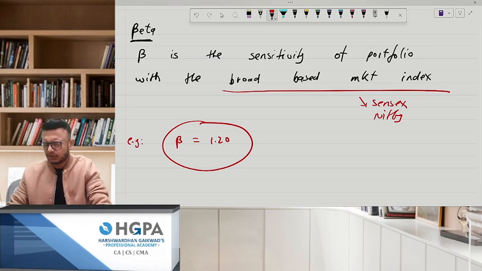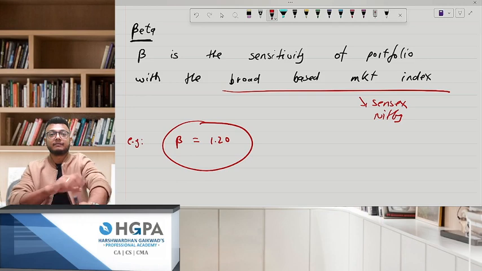Write down 0.90 also. Same. If the market moves up or down by 1%, your portfolio will move up or down by 0.9 times.